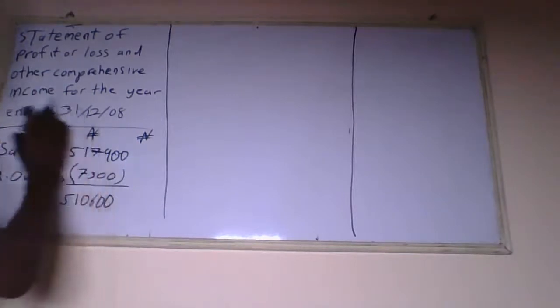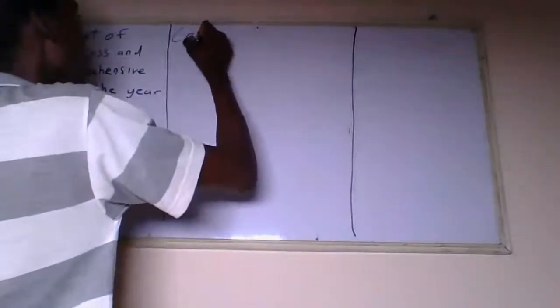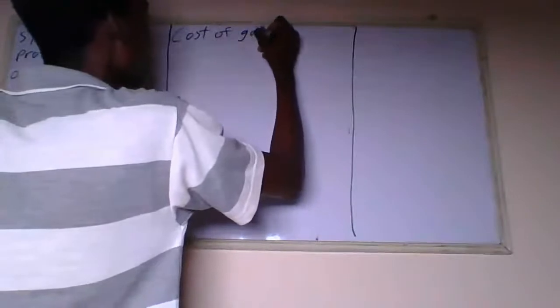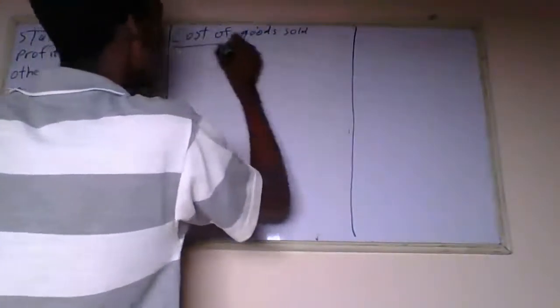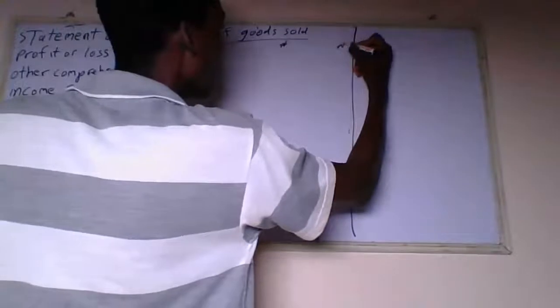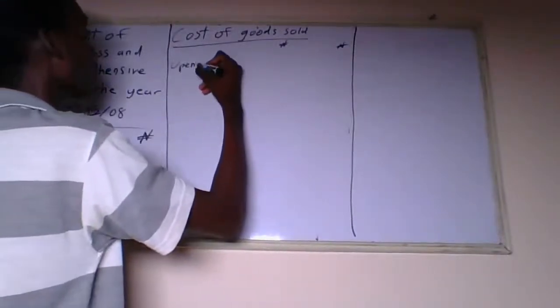Now, after dealing with the sales, we move on to the cost of goods sold. Now, the first item here is our opening inventory.